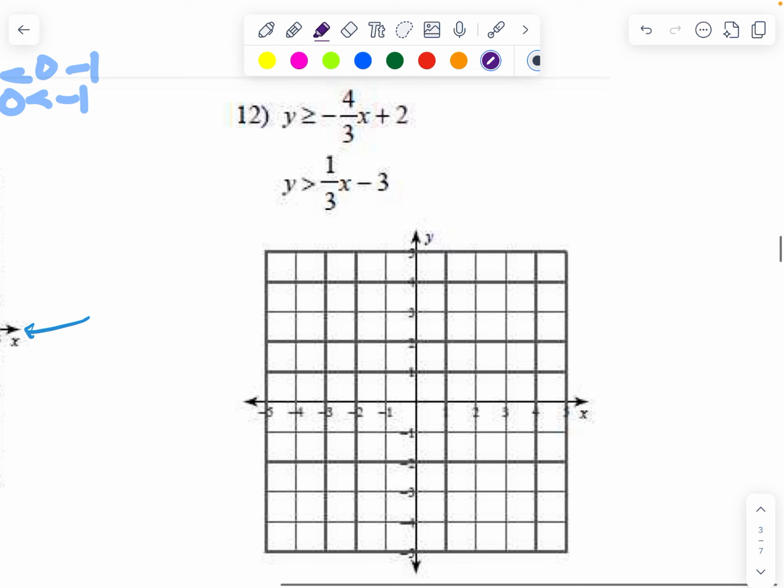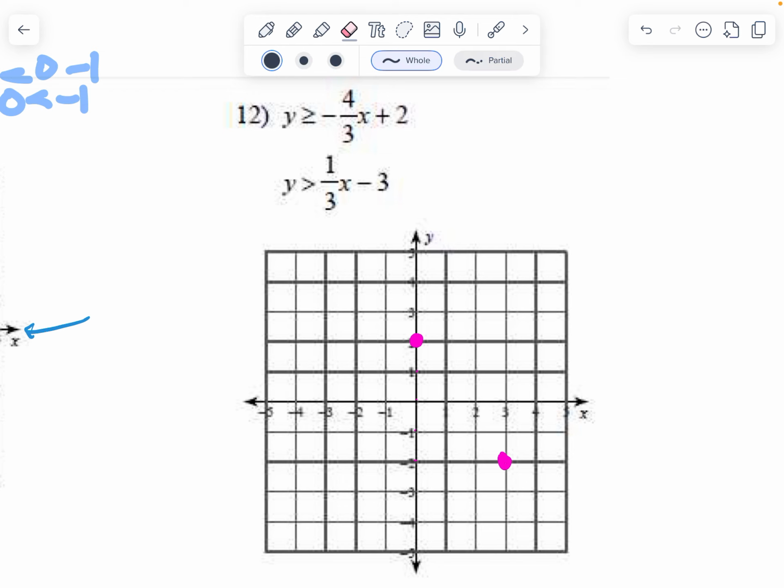Okay, let's come over to this one. I have a solid line on the top one, so that's 2. So I'm going to come here to 2. Go down 4, over 3. Oh, that's 2 over 3. Up 1, 2, 3, 4.